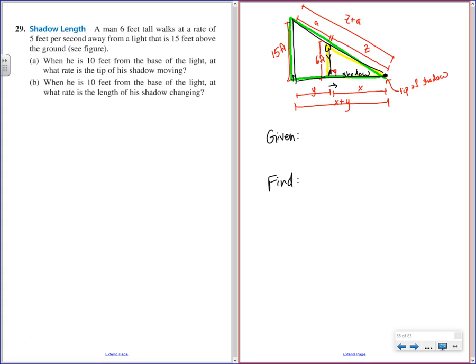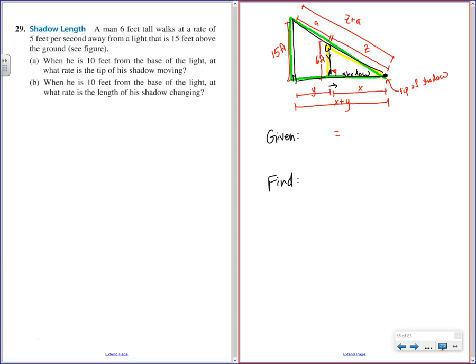All right. A man 6 feet tall walks at a rate of 5 feet per second away from a light that is 15 feet above the ground. So what are we given? We have the 6 feet, but we already plugged it in. We have the 15 feet, that's also true, but they did give us a rate. And walking away, okay, well, what can we say? dx/dt?